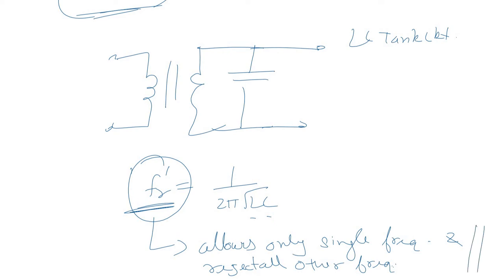This is the ideal scenario, but in general this tuned amplifier passes a band of frequencies or a range of frequencies. It doesn't pass only a single frequency component, rather it passes a range of frequencies. That is the practical case.